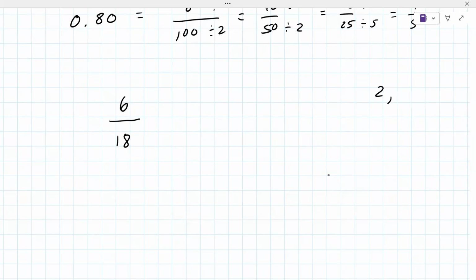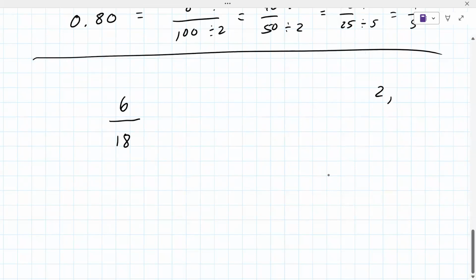Hello? All right, sorry about that. I was accidentally muted. Let's look at 6/18. Okay. Is 6 divisible by 2? Yeah. Is 18 divisible by 2? Yes. Okay. Could you reduce that for us, please? 3/9.